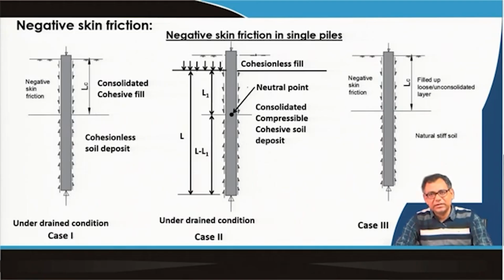That will reduce the friction resistance given by the pile, and the overall load carrying capacity will be reduced due to this negative skin friction. It is called negative because the actual friction acts in the upward direction for compressive loading, but for this portion, because the soil movement is more than the pile movement, the friction acts in the opposite direction. That is why it is called negative skin friction.